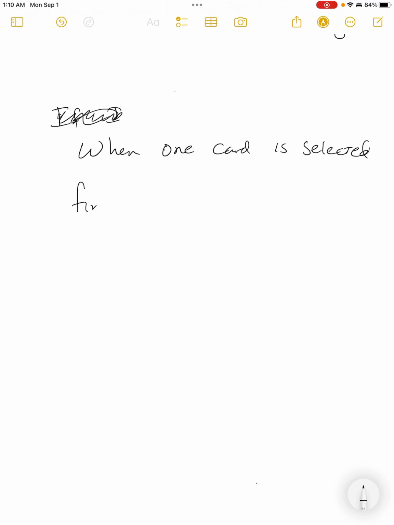They do a lot of work with cards. And so they could say this: when one card is selected, find the probability that you get a king.